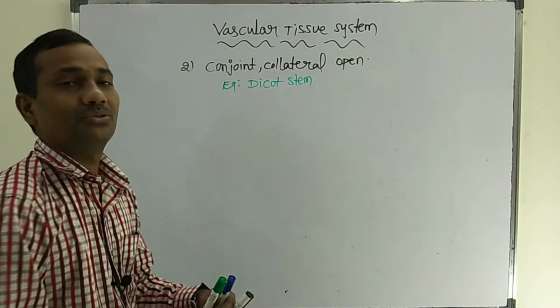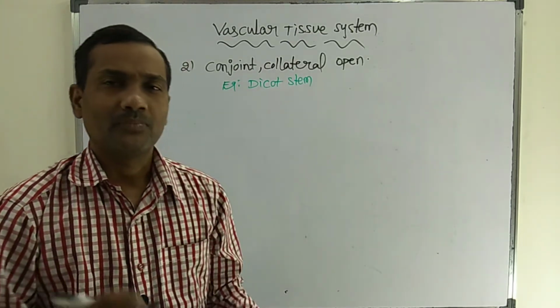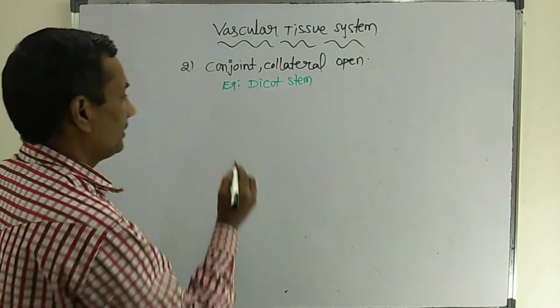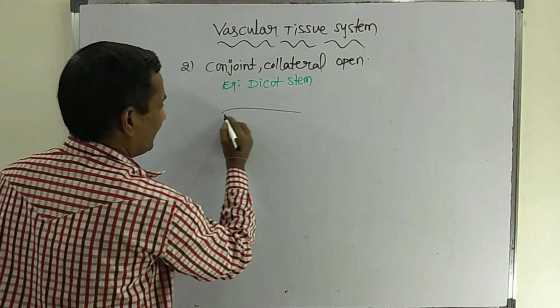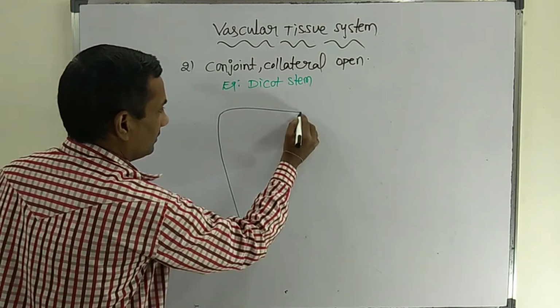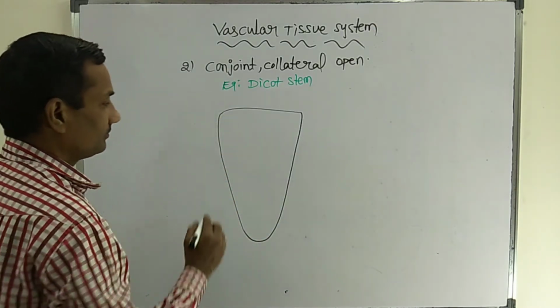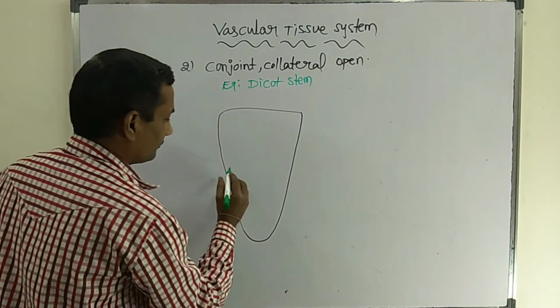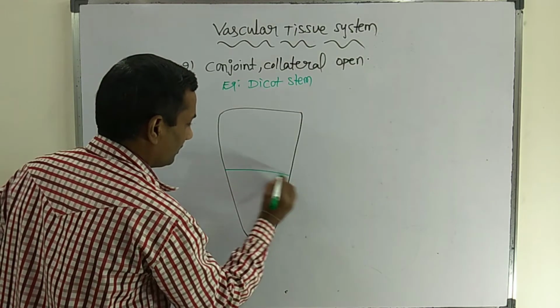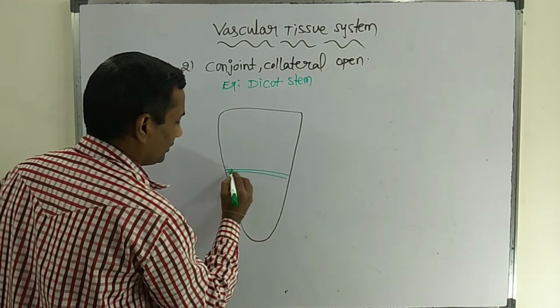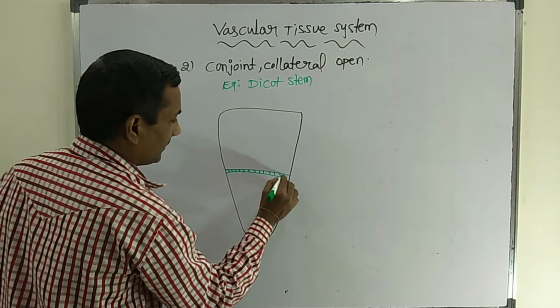How are vascular tissues arranged in the dicot stem? The structure of the vascular bundle: this is the total vascular bundle of dicot stem. If you observe the dicot stem vascular bundle, xylem and phloem tissues are separated by cambium.